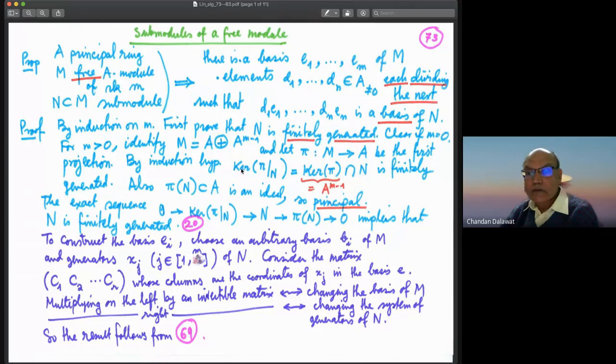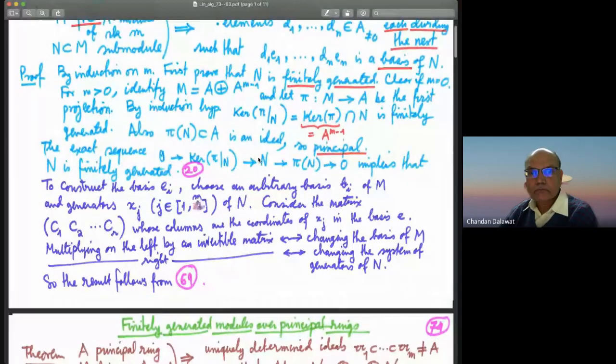Now, what is the kernel of pi restricted to N? N is a submodule of M, right? The kernel of pi restricted to N is, of course, the same as the kernel of pi intersected with N. And the kernel of pi is A to the M-1, since pi is the first projection. So this kernel of pi restricted to N is finitely generated by the induction hypothesis. Also, the image of N under pi is an ideal, so it's principal.